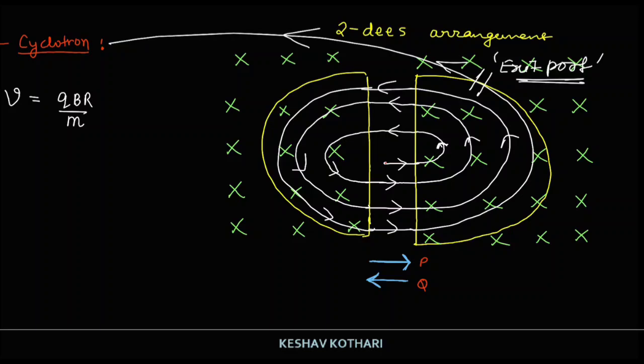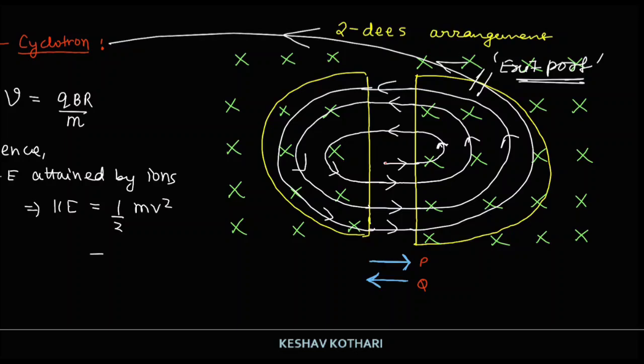Hence the kinetic energy attained by the ions can be written as KE = 1/2 mv², and if we square the equation we obtain q²B²R²/2m. This is the value of the kinetic energy of the charged particle which is accelerated using the cyclotron arrangement.